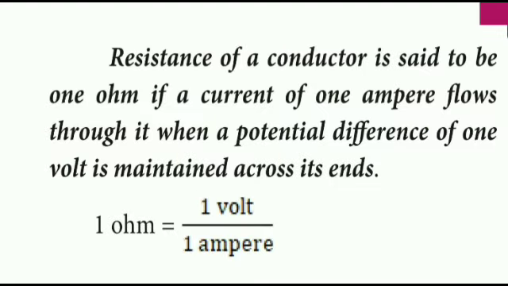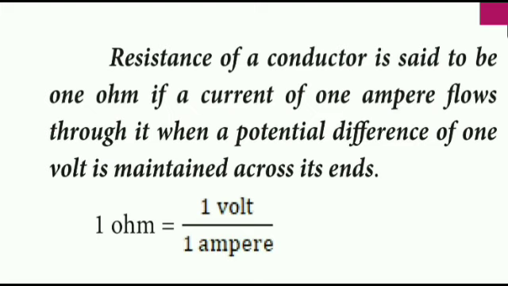Now come to resistance again, because we already discussed it, so I am reminding you. See this sentence. Resistance of a conductor is said to be 1 ohm if a current of 1 ampere flows through it when a potential difference of 1 volt is maintained across its ends.